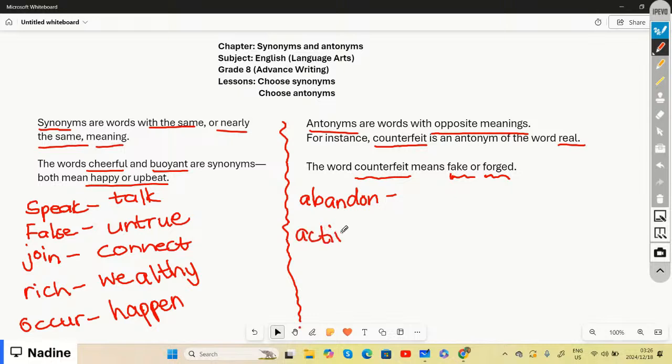Active. What is the opposite of active? If you're not active, then you're what? What is the opposite of encourage? If you're not encouraged, then what is the opposite? What is the opposite of combine? And then the opposite of believe. We need to find the opposite of these words.